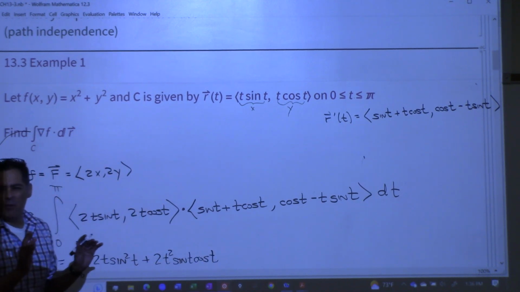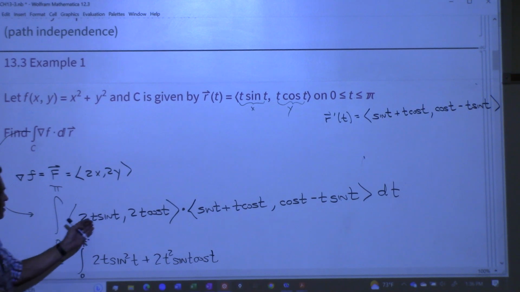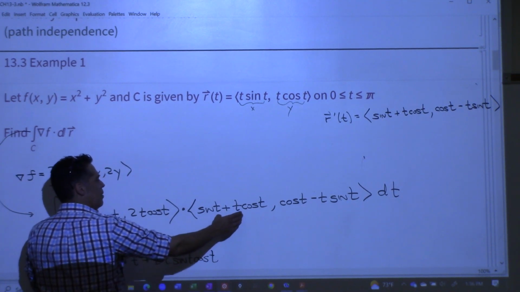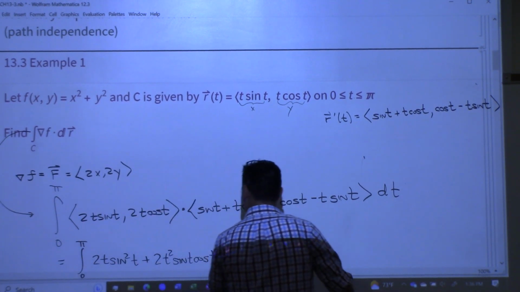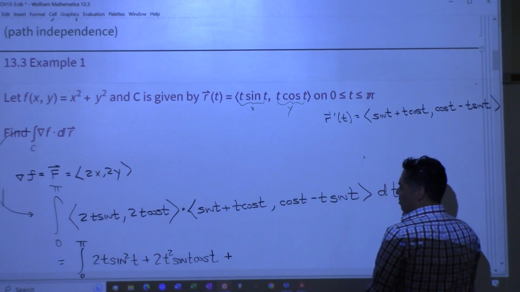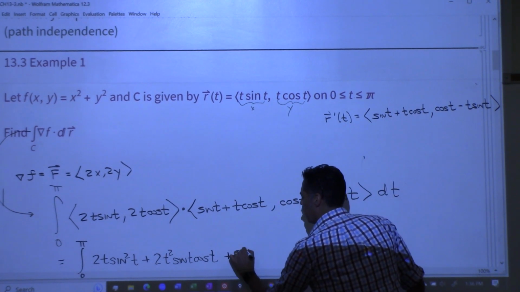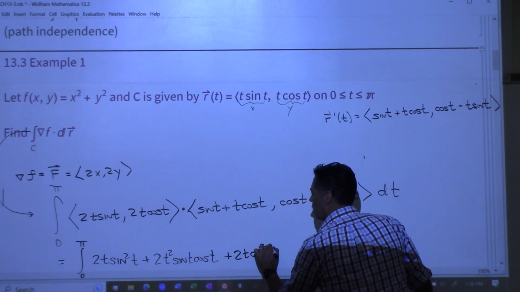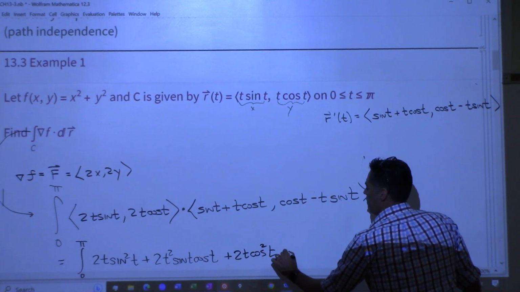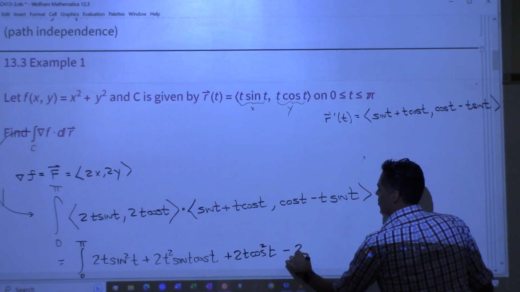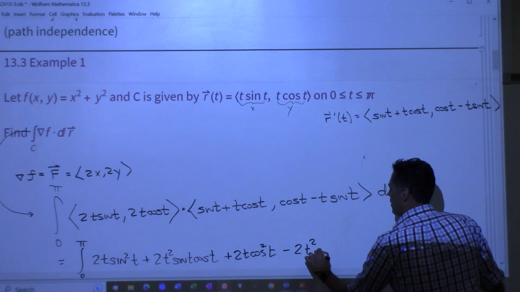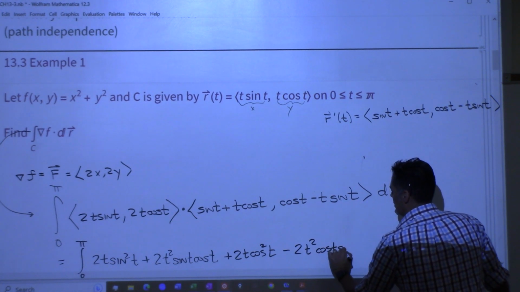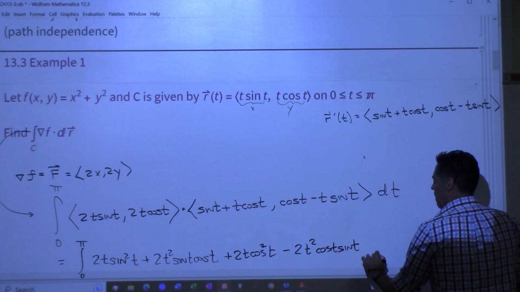It's almost like I'm foiling, but not quite, right? It's just these two together, and then plus now these two together. Plus 2t cosine squared t, and then minus 2t squared cosine t sine t, or you could write it the other way around, dt.